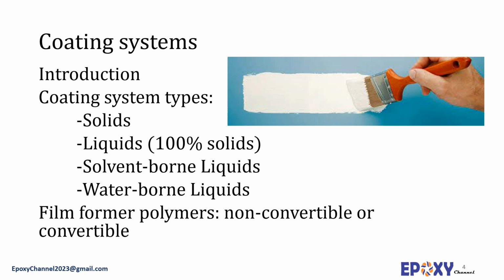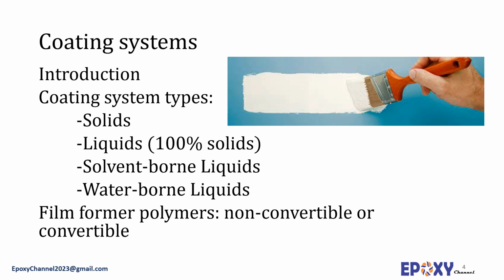These systems can be solid, for example powder coatings, that do not contain a solvent, or liquid, 100% solids, or liquid that have been dissolved in a suitable solvent mixture, which is called solvent-borne, or dispersed in water, which are waterborne.